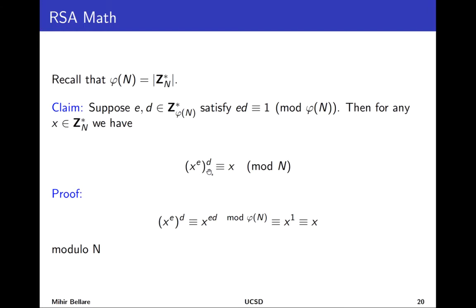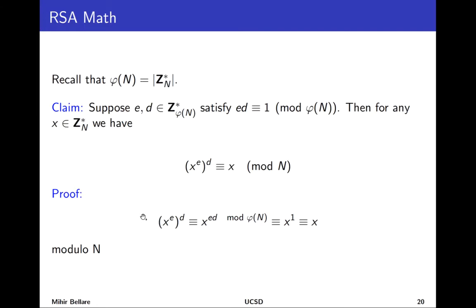And then I take the result, which I take mod n, not mod phi of n, but mod n, and raise it to the power d. Perfectly legitimate operations. And the claim here is that what will come back is just x itself. Raising to the eth power and then raising to the dth power reverses itself, and you just get back the same thing you started with.